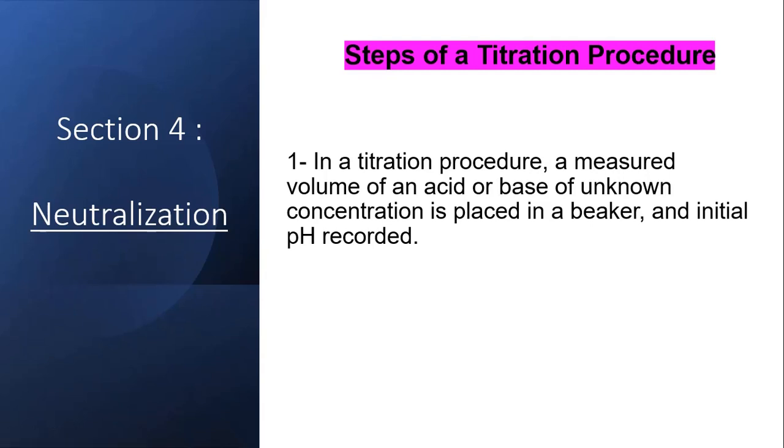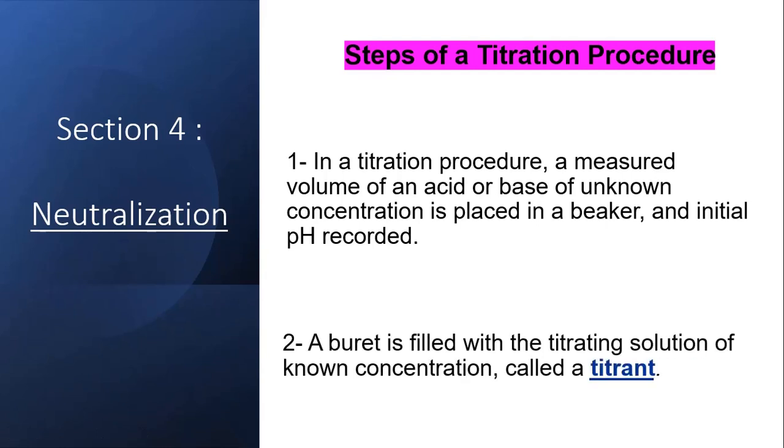So what are the steps of titration? In a titration procedure, a measured volume of an acid or base of unknown concentration is placed in a beaker. We said the unknown will be in the beaker at the bottom, and the initial pH recorded. We need to have the value of pH.